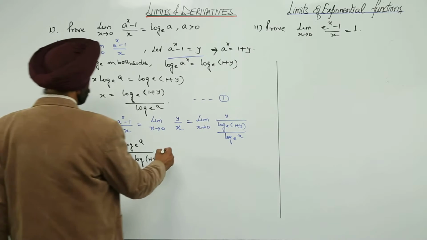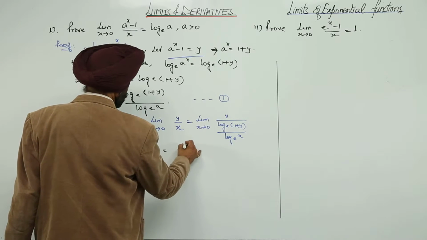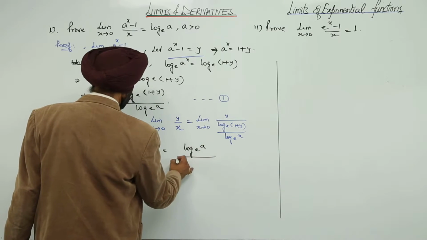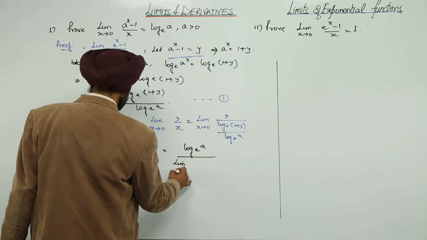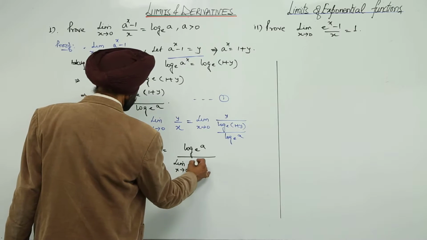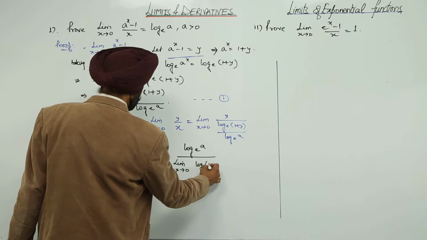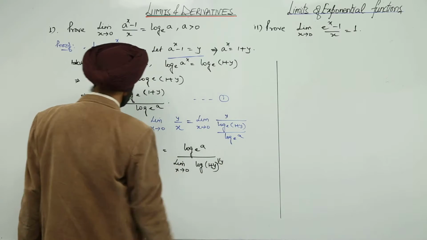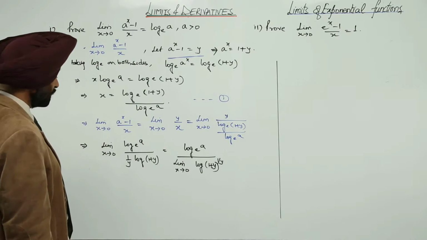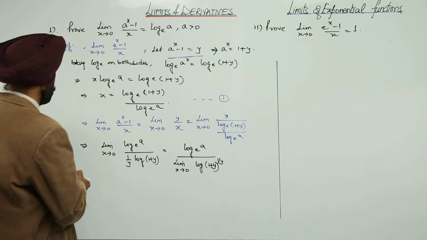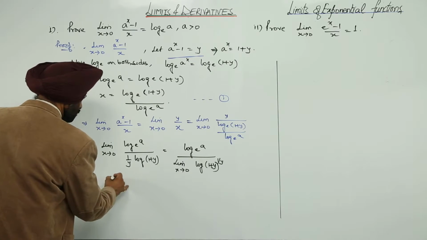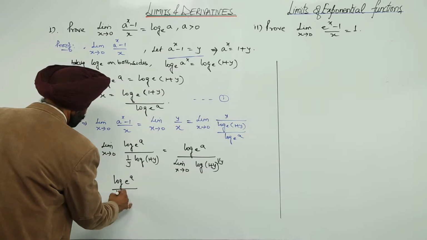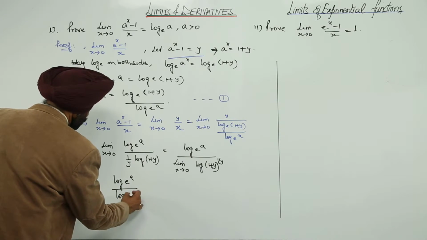Okay. So now this becomes log e a upon limit x approaches 0, log (1 plus y) raised to power 1 upon y. Is it clear? So what do we have now? Now this becomes log e a upon log e e.